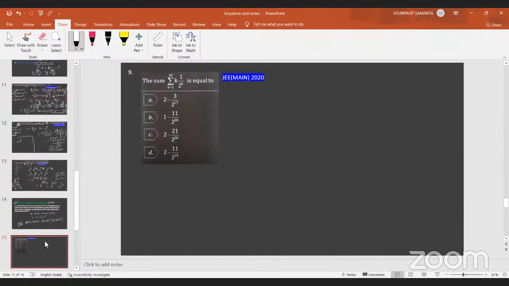For an example, they have asked this kind of problem. I will just open the summation and write it so that you can understand. K into 1 by 2 to the power k, this is k equal to 1 to 20.